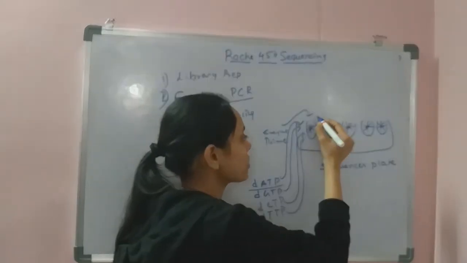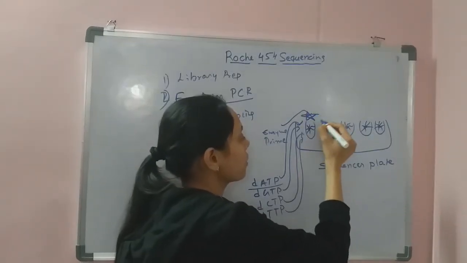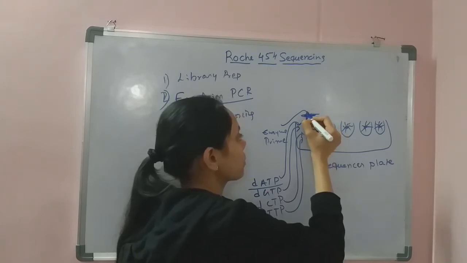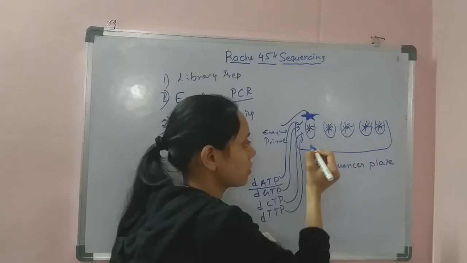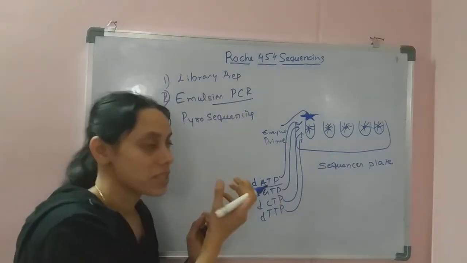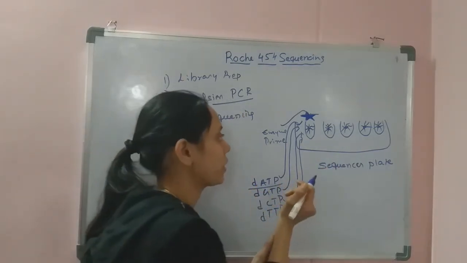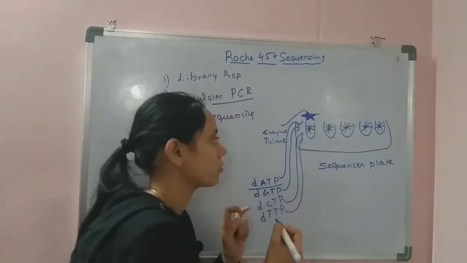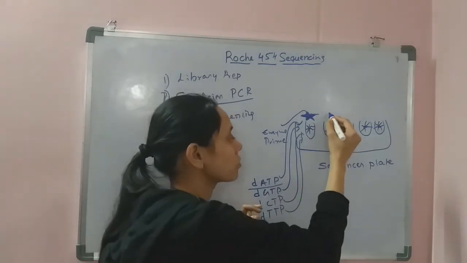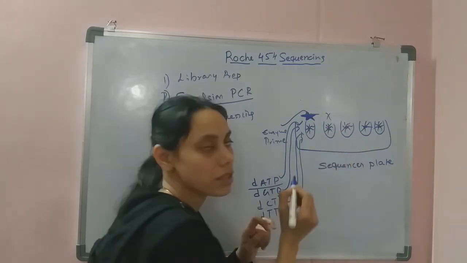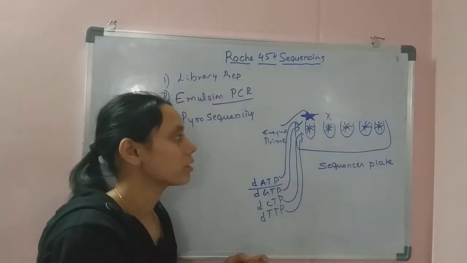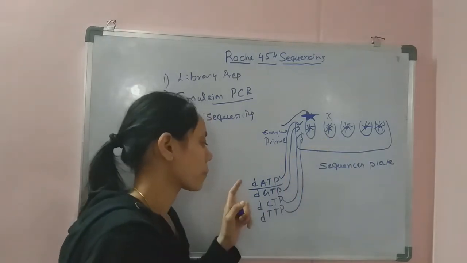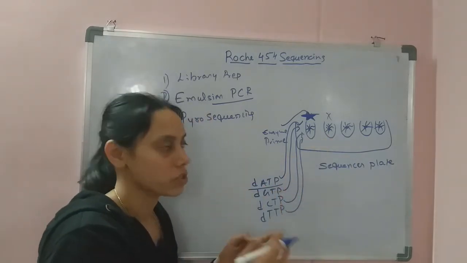If the light is produced from the first well present on the sequencer plate, that means dATP was added there, and if there is no signal in the second well, we can consider that there is no dATP in that position.